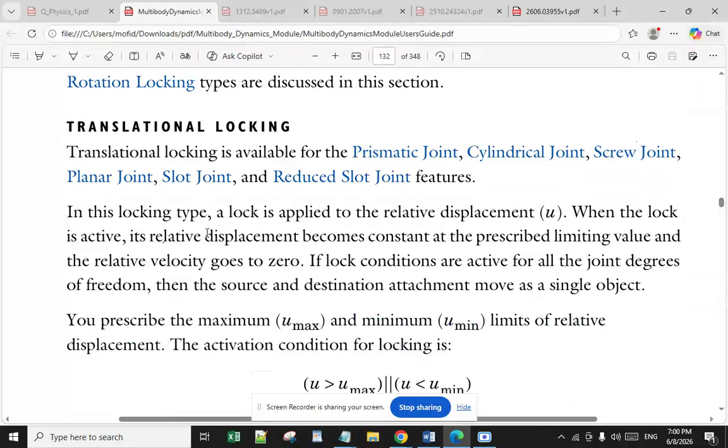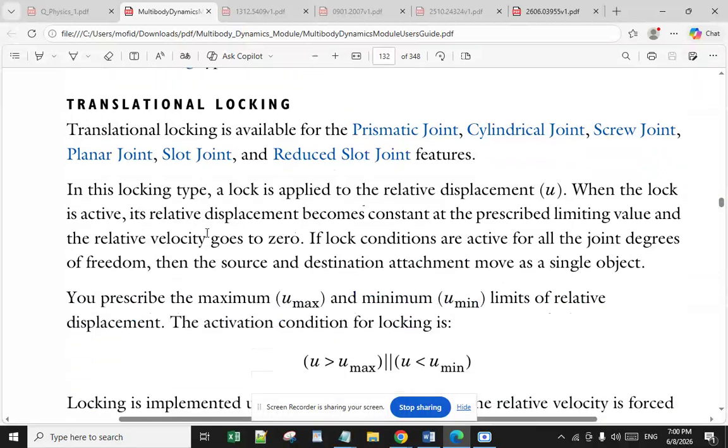Now I want to go through the translational locking. Translational locking is available for the prismatic joint, cylindrical joint, screw joint, planar joint, slot joint, and reduced slot joint features. In this locking type, a lock is applied to the relative displacement u. When the lock is active, its relative displacement becomes constant at the prescribed limiting value and relative velocity goes to 0.